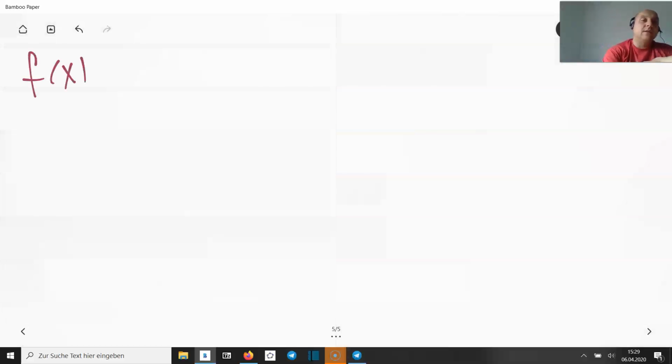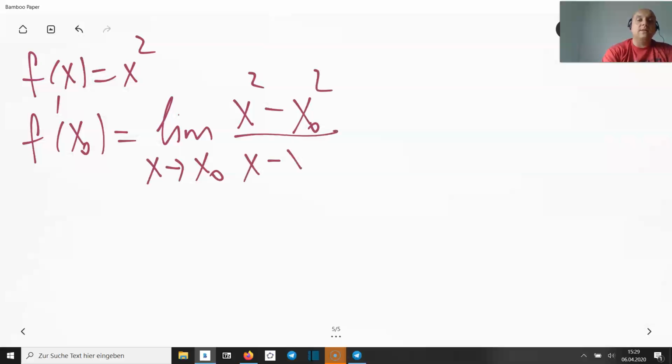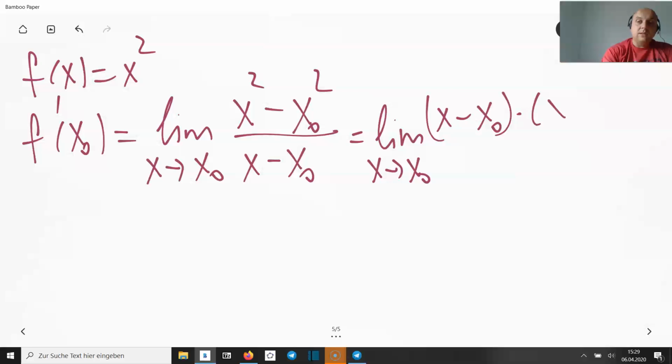So f of x is still equal to x squared. Well, f prime at xo would be the limit as x goes towards xo. We have f of x, which is x squared, minus f of xo, which is xo squared, divided over x minus xo, which is the limit as x goes towards xo of x minus xo times x plus xo divided over x minus xo.